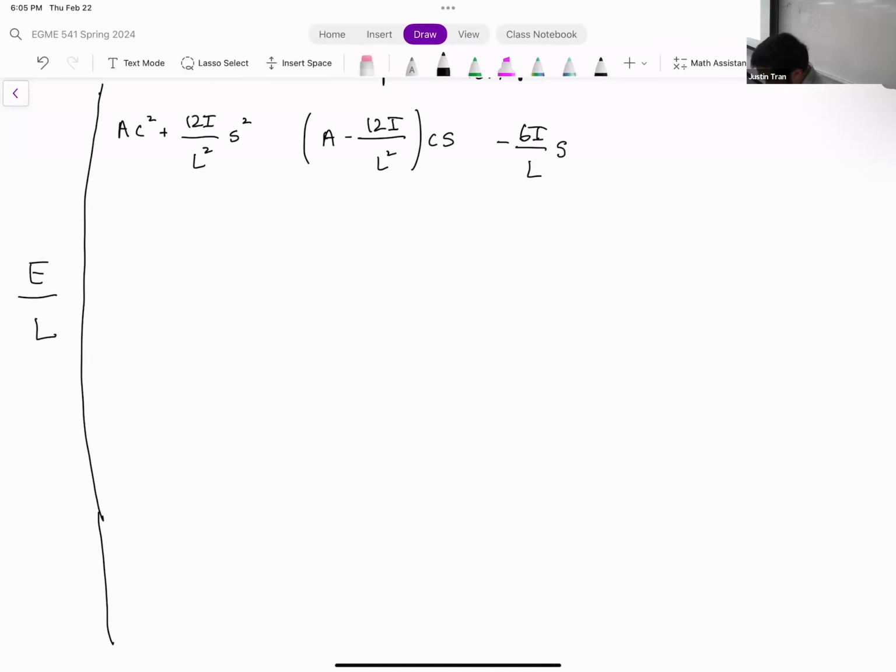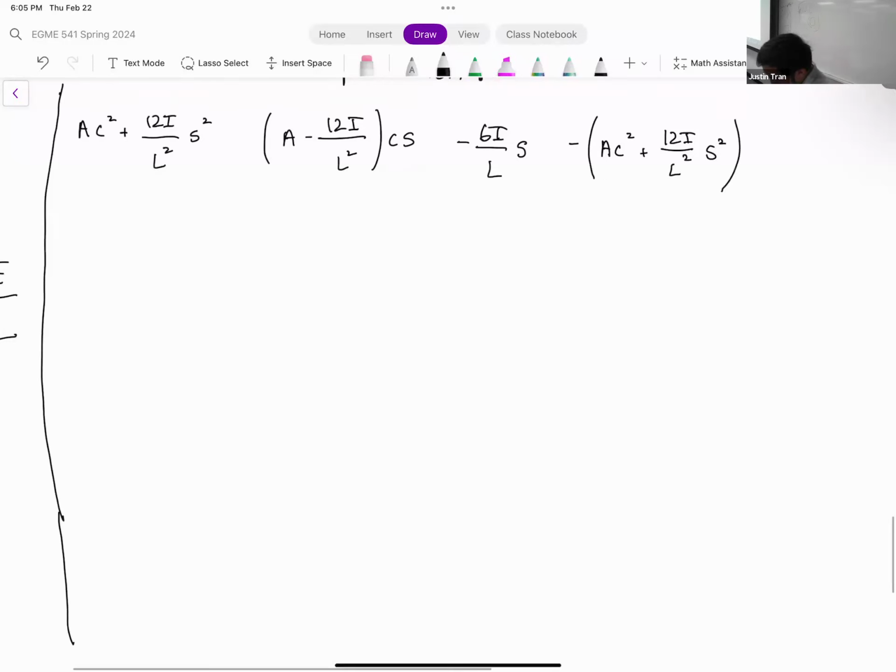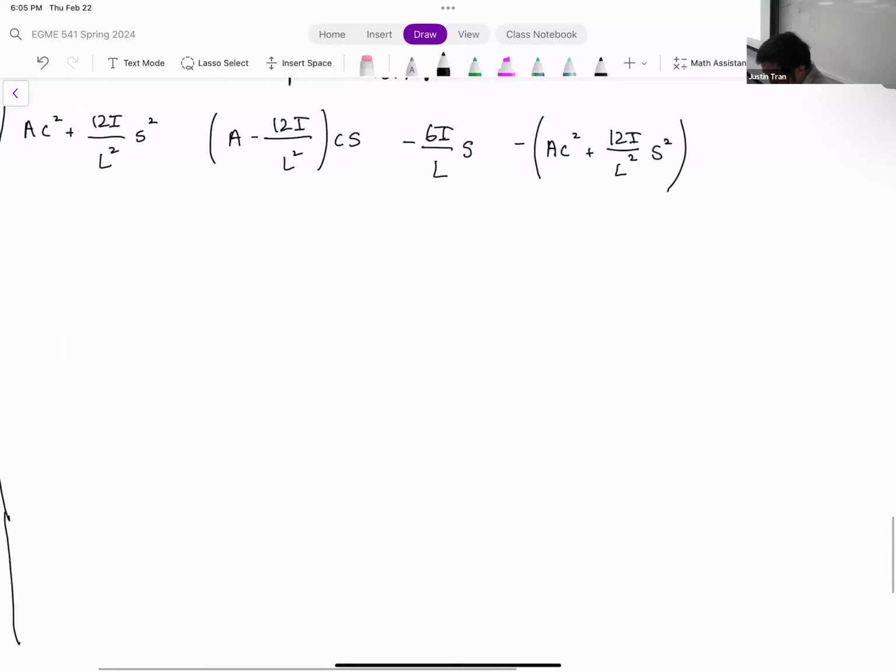Okay. All right, next entry here, we have a minus, parentheses, A C squared plus 12I over L squared sine squared. Okay. I'm scrolling already. It's not fitting on the same line. Okay.